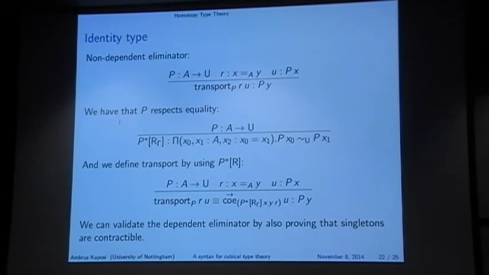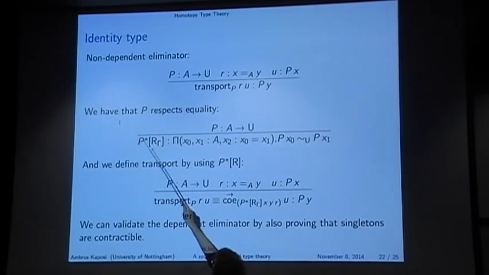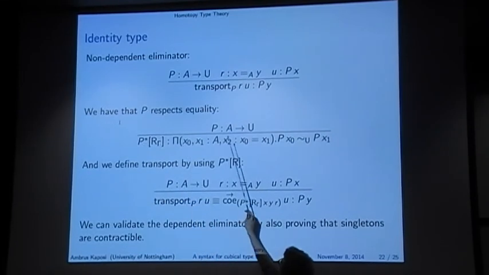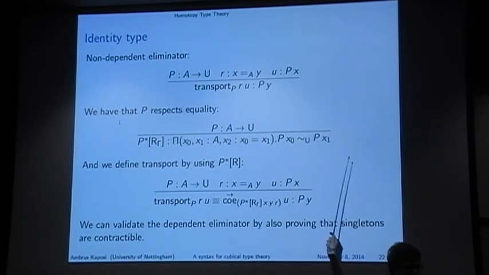We can also derive the eliminator for the identity type. Here the non-dependent eliminator will be just a coerce function for the predicate P, or for the family of types P. So P star substituted by R says that if I have two equal elements in A, I will get two equal elements when I apply P to them in the universe.